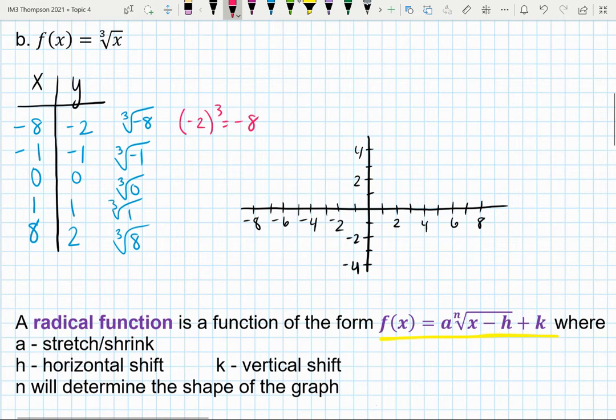All right, -8, -2. Let's go ahead and plot these points. -1, -1, 0, 1, 1, 8, 2.